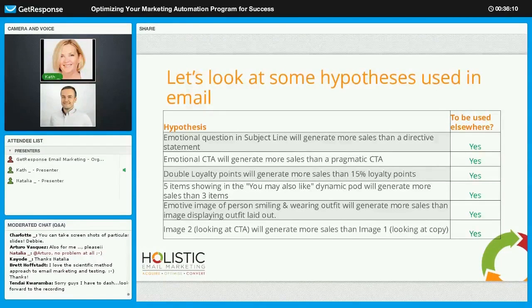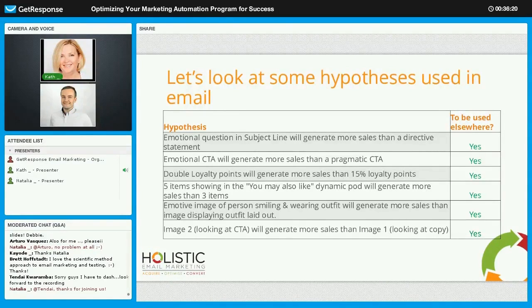Because that result is saying to us that the audience is actually relating to or being motivated by, if this hypothesis proved to be true, emotional copy rather than directive copy. That's the bottom line. That's the big cause.